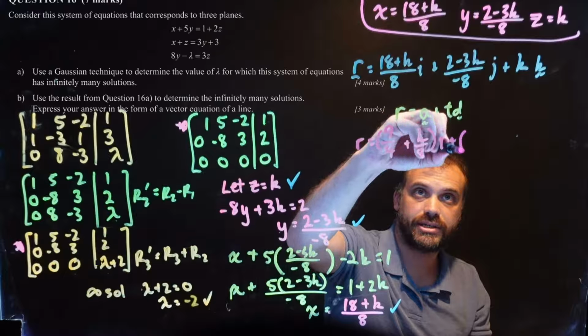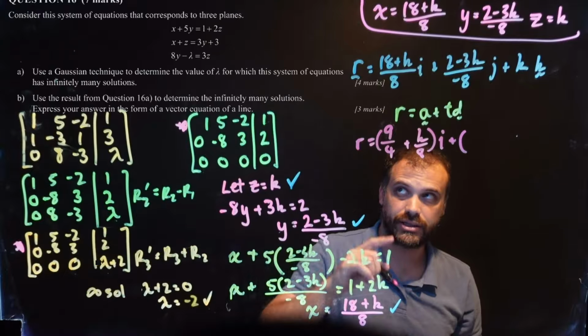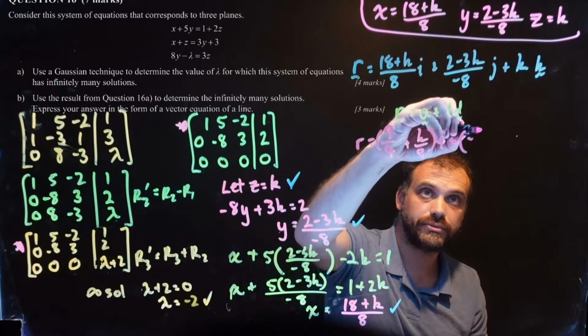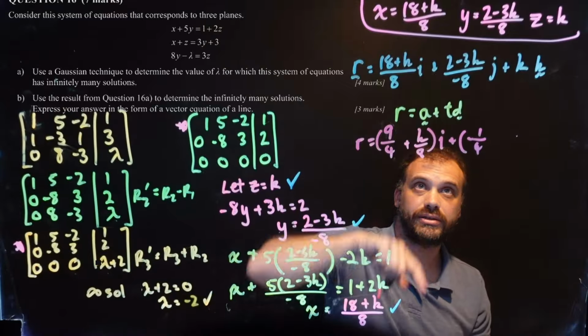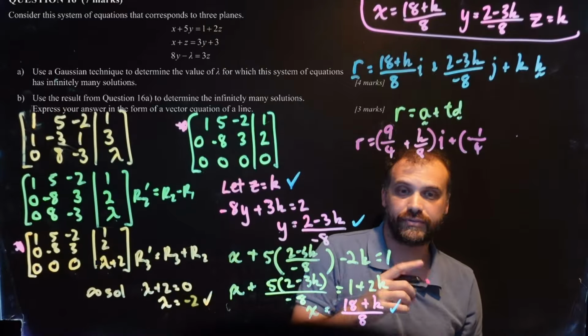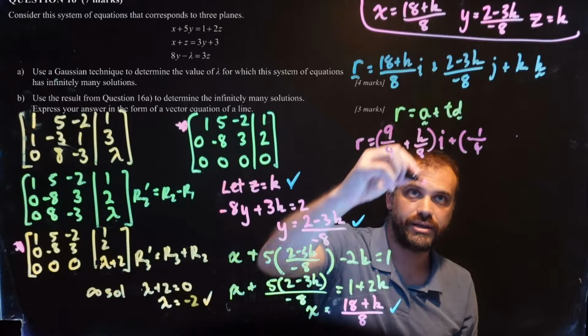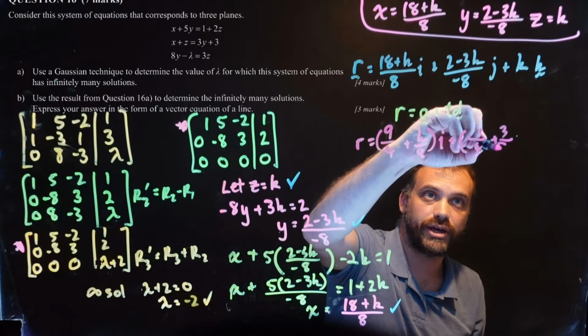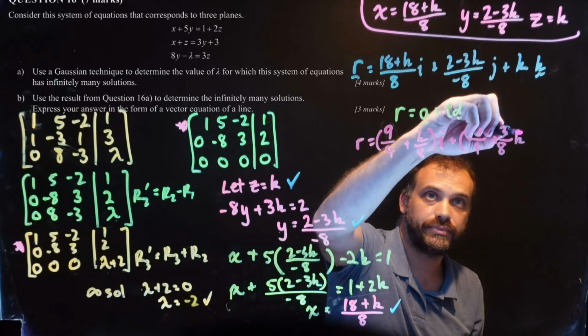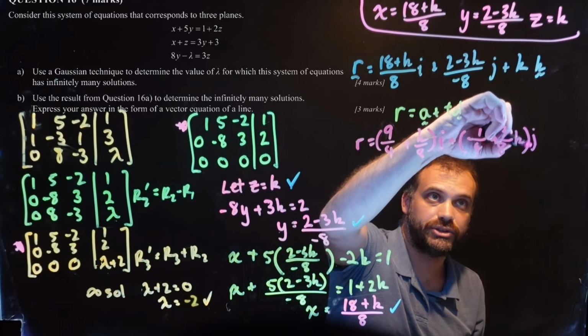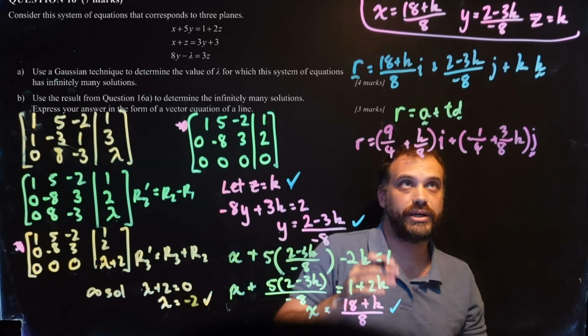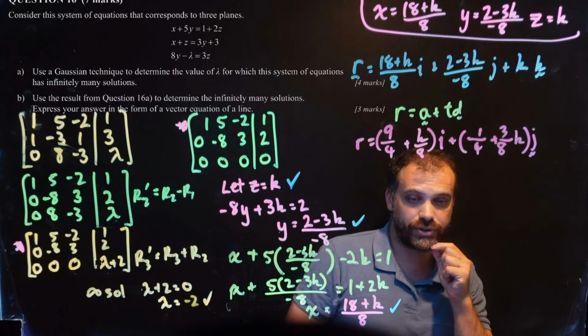So if I go plus here, 2 on negative 8 is negative 1/4, and negative 3k on negative 8 is positive 3 on 8. Now all of that is our j components.